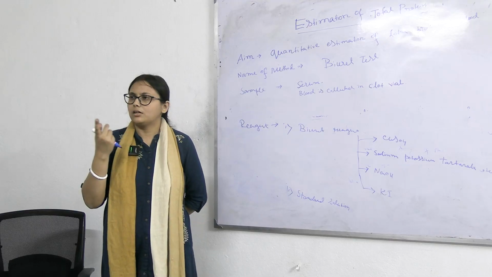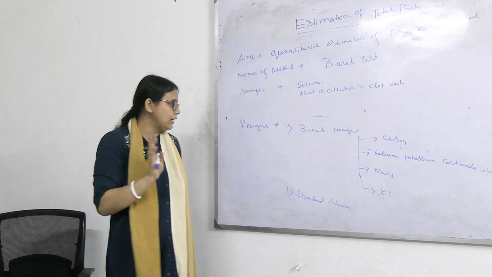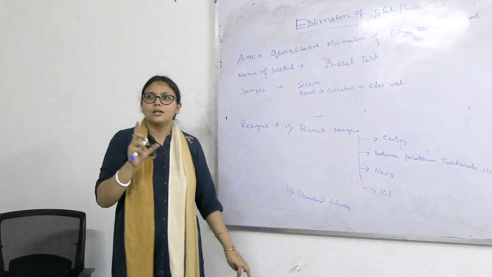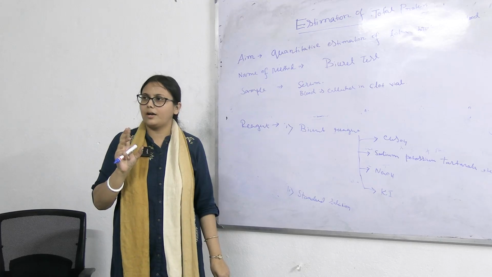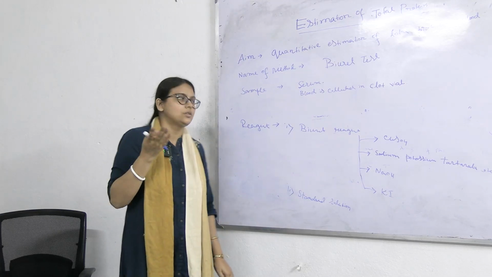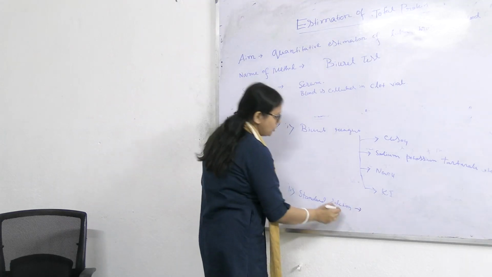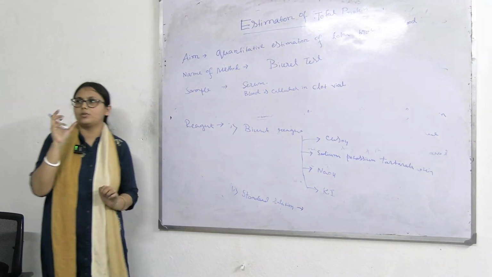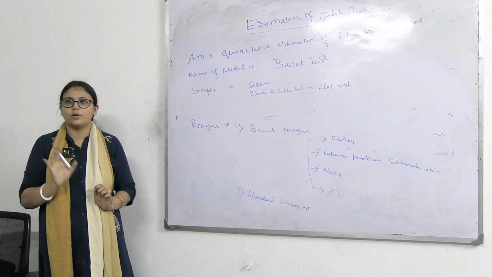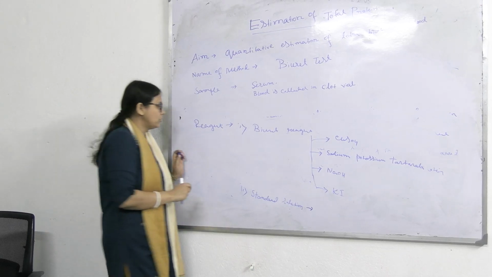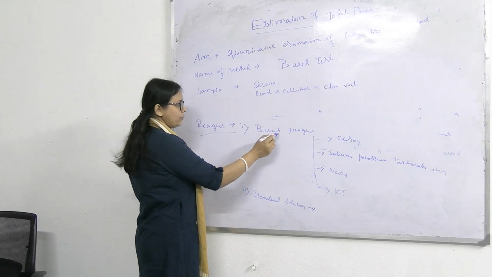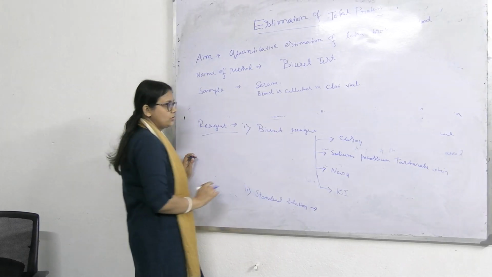In case of glucose it was 100 milligram per dl, and in case of protein it is 7 to 8 gram per dl. It varies with company. So in the reagent kit we will get Biuret reagent and a standard solution.